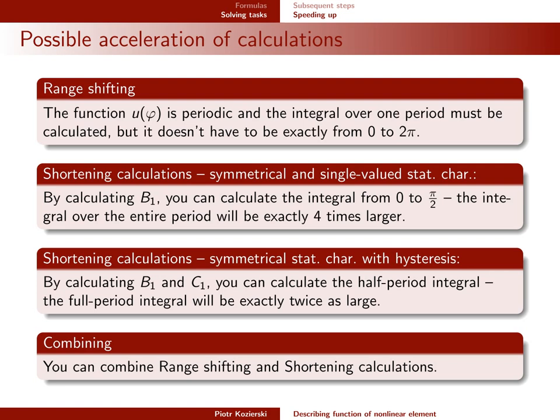A quarter of the period is sufficient for characteristics without hysteresis, and half for characteristics with hysteresis. However, it should be remembered that the correct result is 4 and 2 times greater, respectively. One can also use both of these accelerations at the same time, that is, calculate the integral of a part of the period, and this part of the period doesn't have to start at 0.